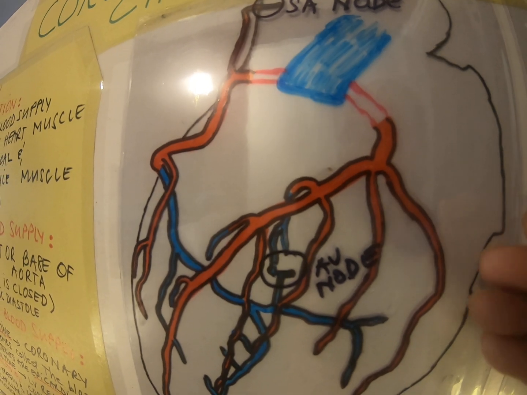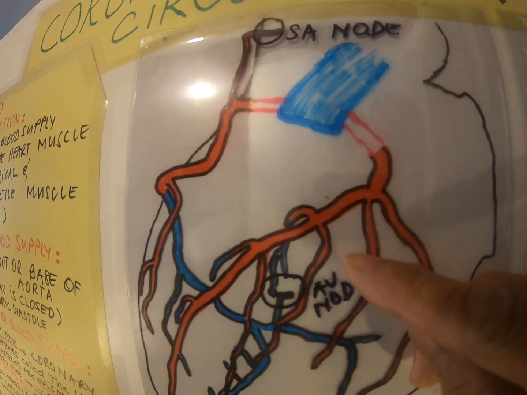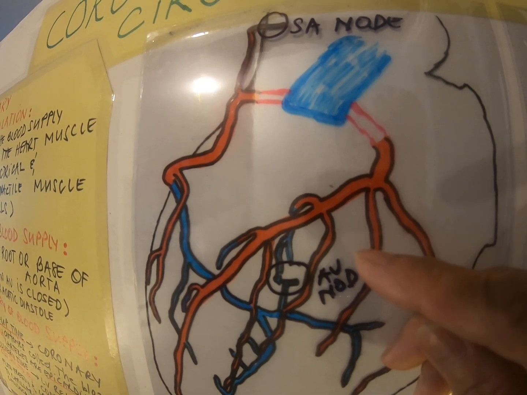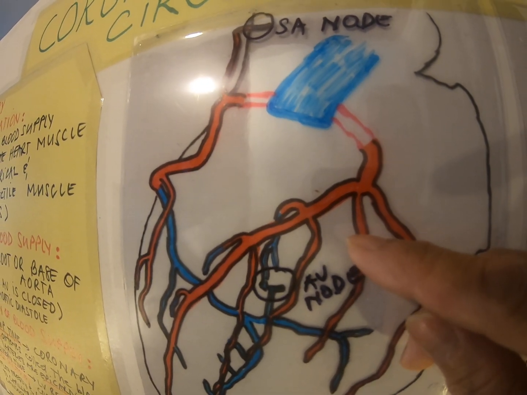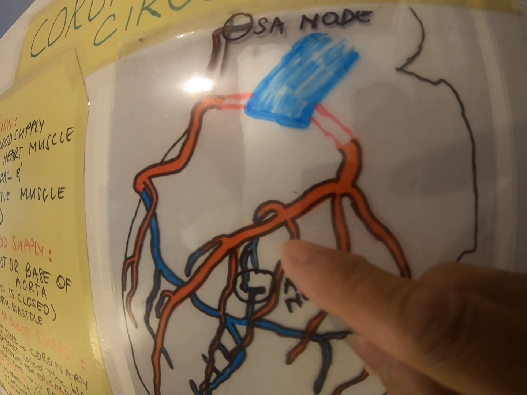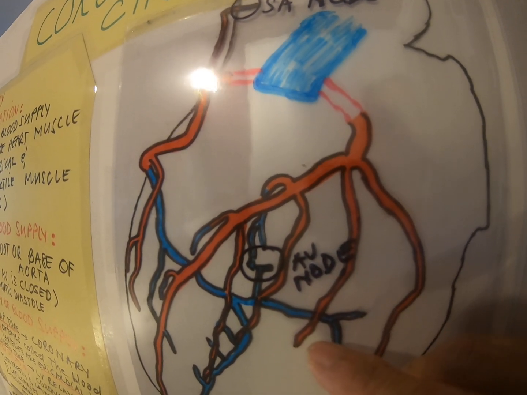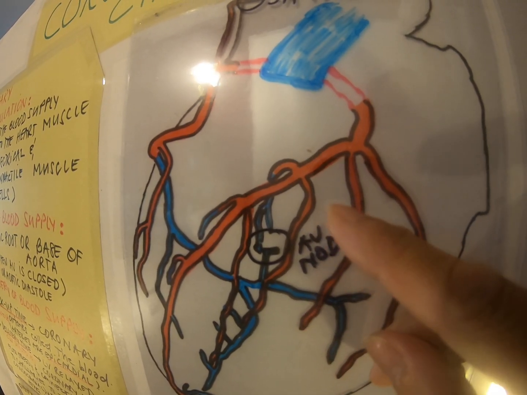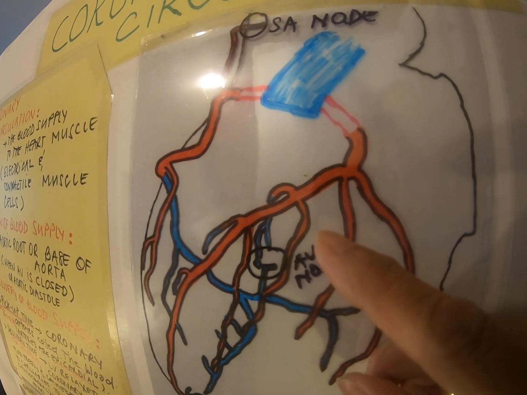Because when the heart is contracting and squeezing, these arteries will be squeezed, and they will not be able to supply blood to the other parts of the heart muscle. So during the relaxation of the left ventricle, that's when these arteries continue to support the other parts of the heart with blood. These things are not going to work during contraction.